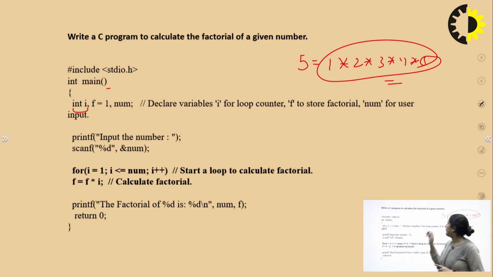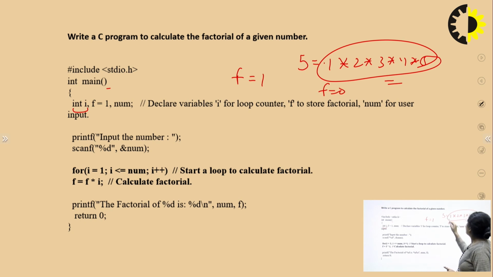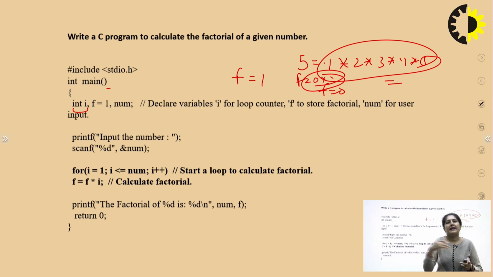Then we need one fact or f for storing the factorial, and it should be 1. It cannot be 0. Why can it not be 0? If we write fact is equal to 0, and multiply fact is equal to 0 into 1, the multiplication will become 0. If we multiply 0 with anything, the answer will be 0. So the fact will be 1 for storing the factorial of a given number.